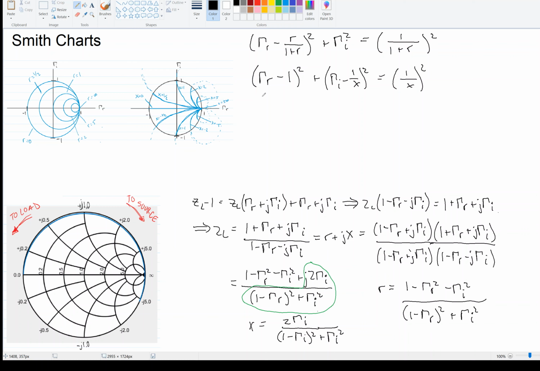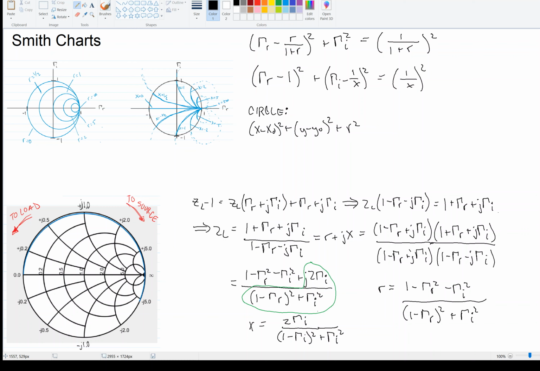And so I want to remind you that the equation of a circle is x minus x0 squared plus y minus y0 squared equals r squared. Okay, and so this circle would have a radius of r and be centered at x0, y0.